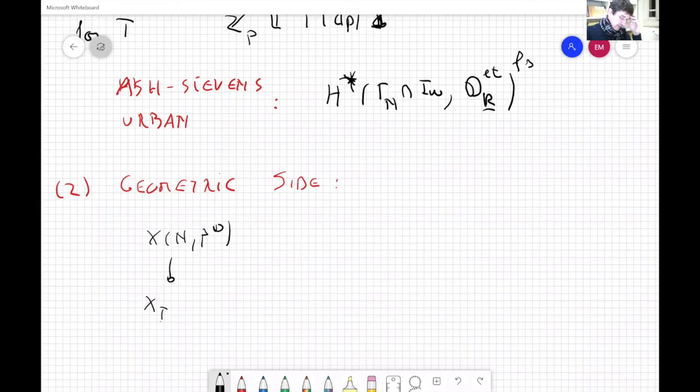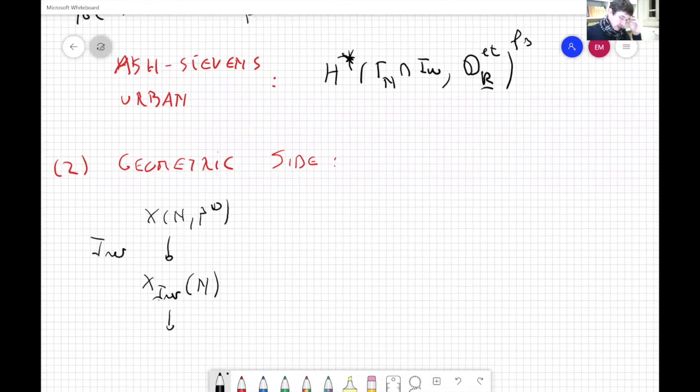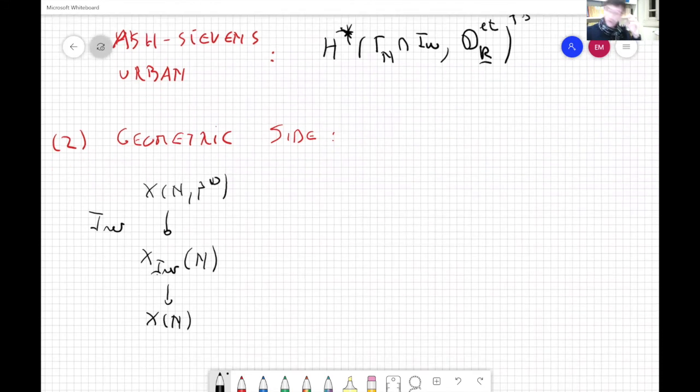Here we have the Siegel variety, the one that Vincent and George were working with. This is the Siegel variety with the Iwahori level structure that dominates X_n. It classifies principally polarized abelian surfaces with a full flag of subgroups of the p-torsion. Here we have the map pi Hodge-Tate to the flag variety.